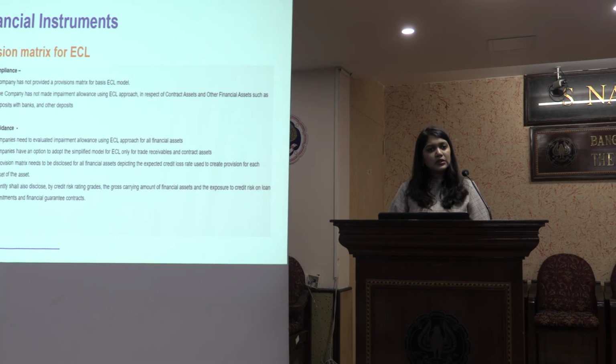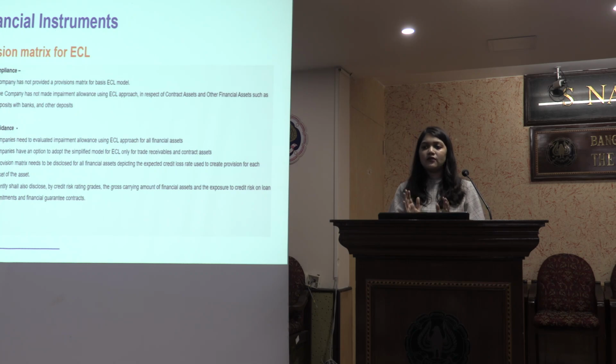Another important thing is that as part of the accounting policies, the company should always disclose whether they have opted for the simplified ECL model in case of trade receivables. The standard gives only one exemption, in case of trade receivables or contract assets, that you can follow the simplified ECL model, which means we don't need to bifurcate between 12-month ECL and lifetime ECL.